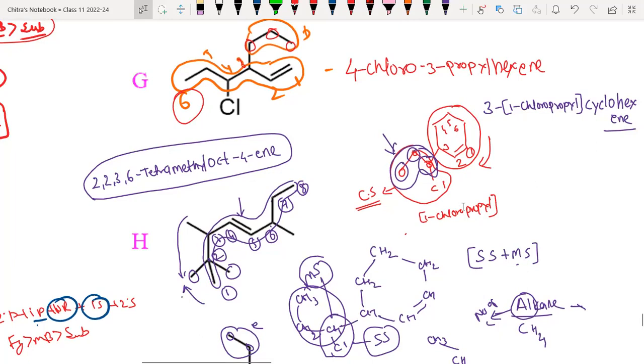So can you directly say 3 dash chloropropyl cyclohexene? Where is the name? Here, yes. This is the name for that. So if you don't use the 1, do you need the box? Yes, the box is necessary because it is a complex one, even though the number is not there. For complex, you have to use square brackets always.